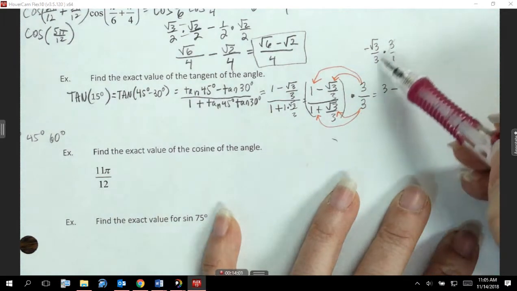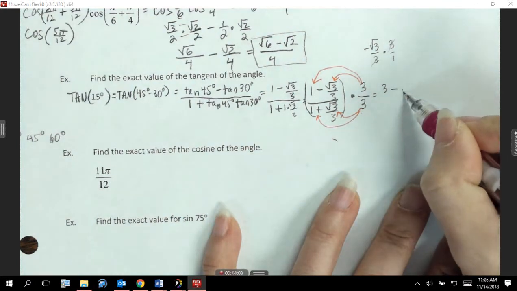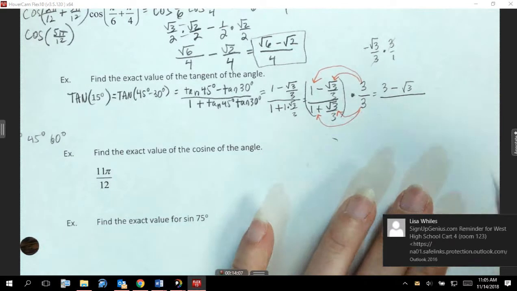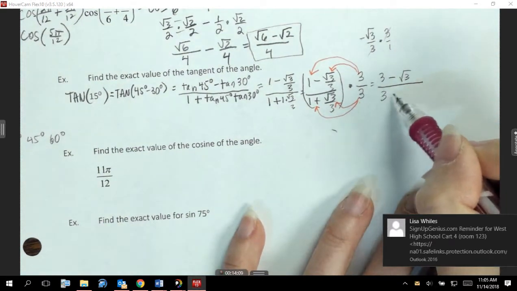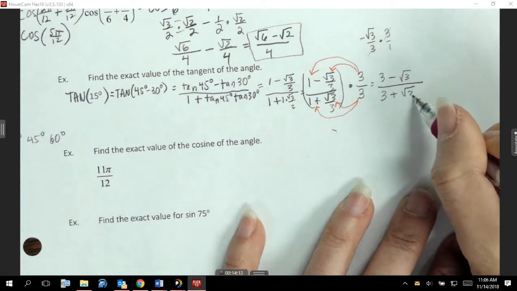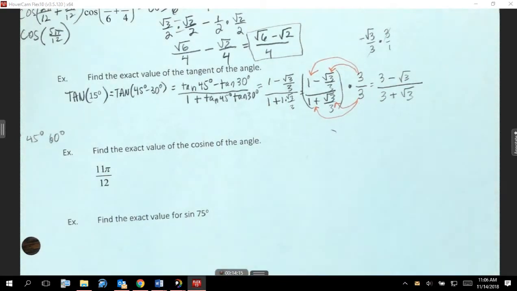And then these will cancel, so we just get a radical 3 here. So on the bottom, when I distribute, I will have 3 plus, and I'm going to do the same thing again, radical 3. So now we do not have a fraction inside of a fraction.